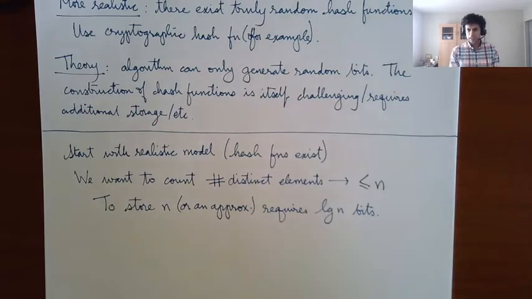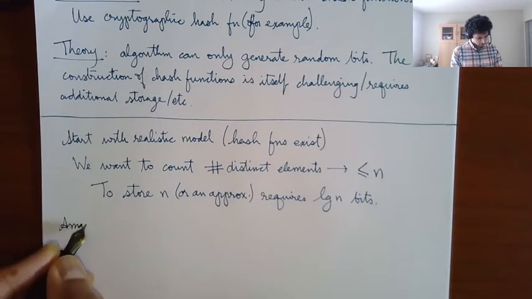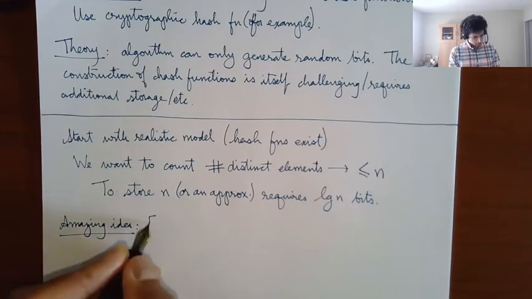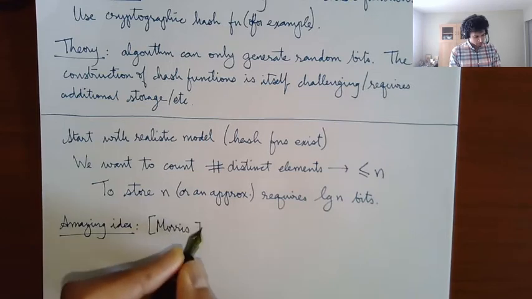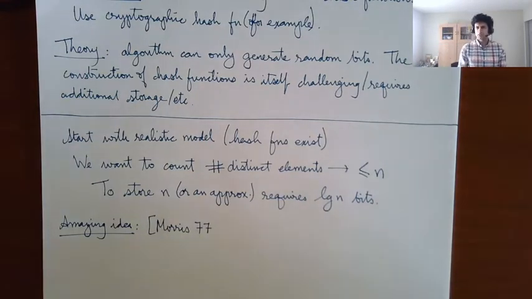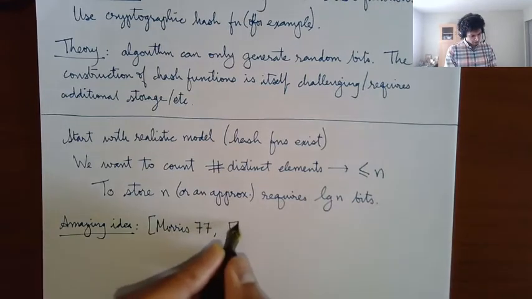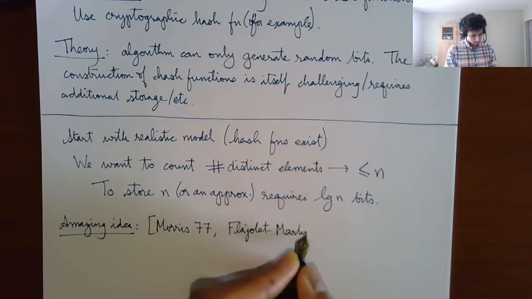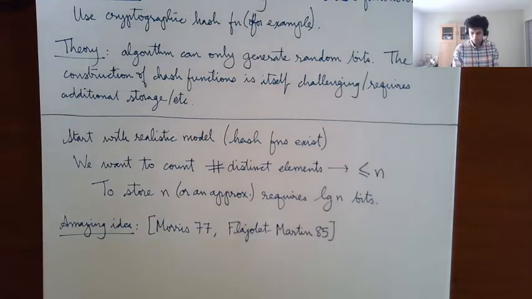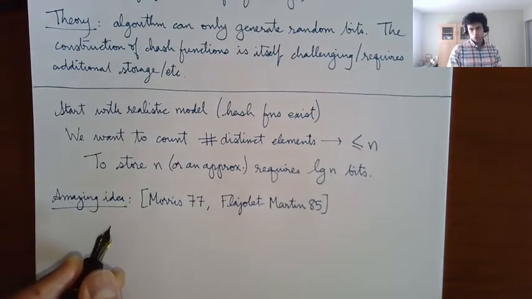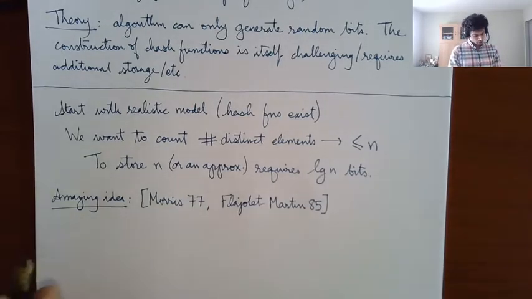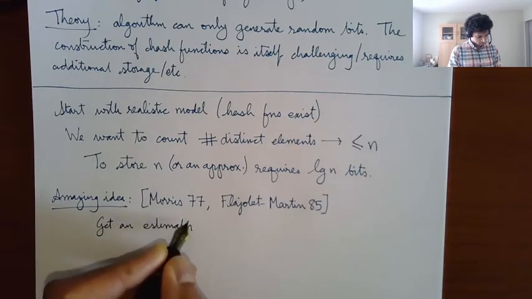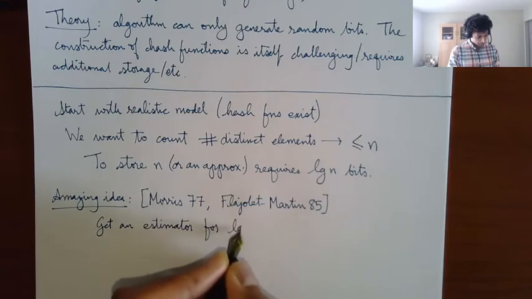And this was this amazing idea, which was first given by Morris in 1977, but it was described just as an approach, and it was really analyzed in detail by Flajolet and Martin in 1985. And what Morris had suggested, which Flajolet and Martin built on, is to get an estimator for log n.